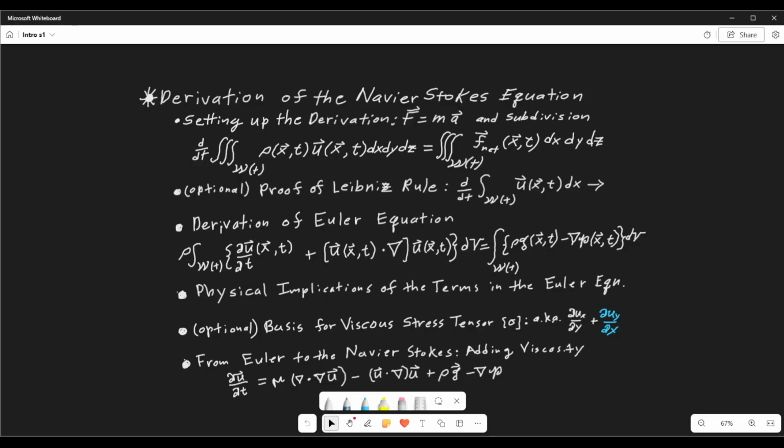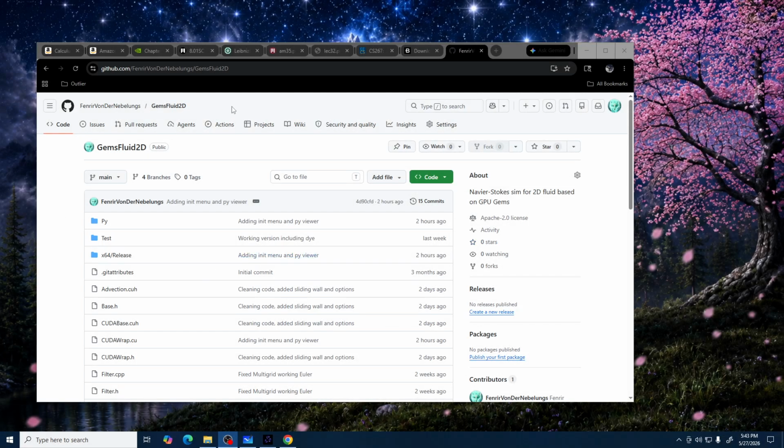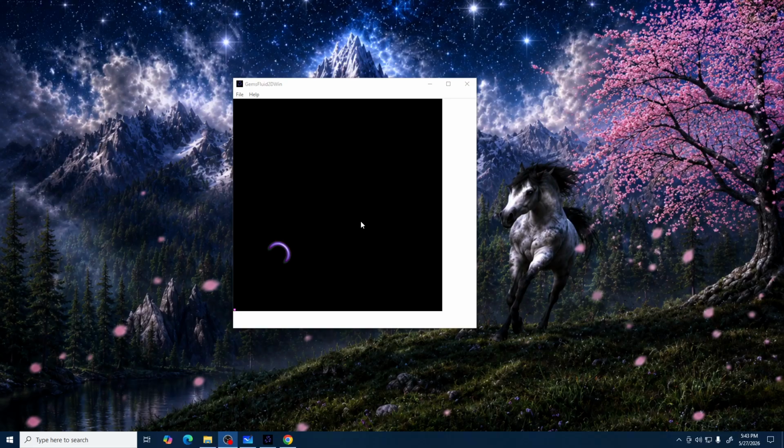And at the end of these videos, I'm going to show what I did with the code, and how I'm able to get this code to function in order to do a simulation of the Navier Stokes equation.